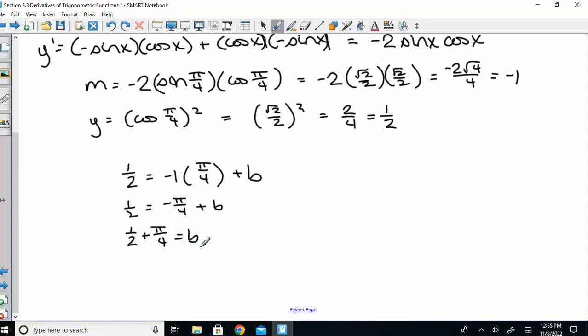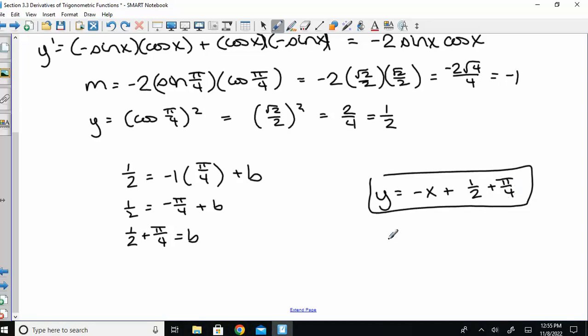Not just a single number, but unless I'm picking up a calculator, I'm not going to be able to actually combine those. So we'll leave it like that. So the equation y equals m, which is negative 1, so negative 1x or just negative x, plus b, which is 1/2 plus pi over 4. And we have the equation of our tangent line.